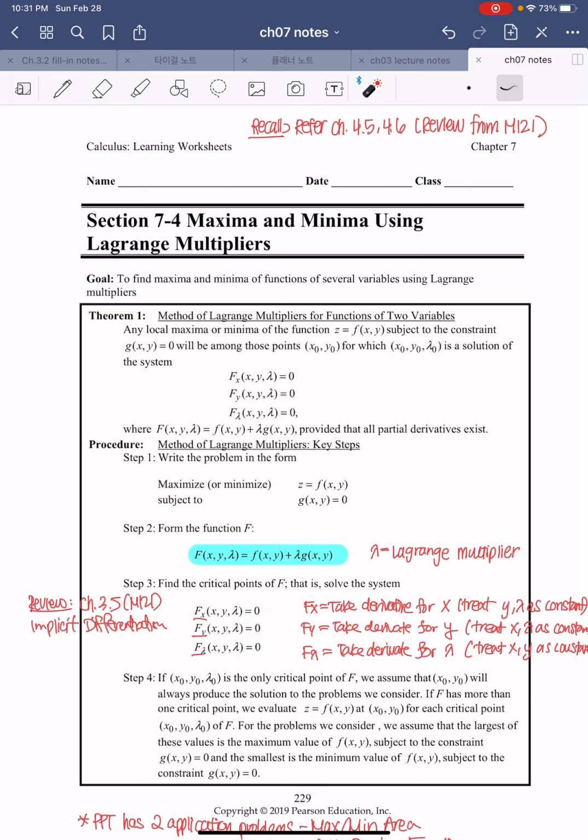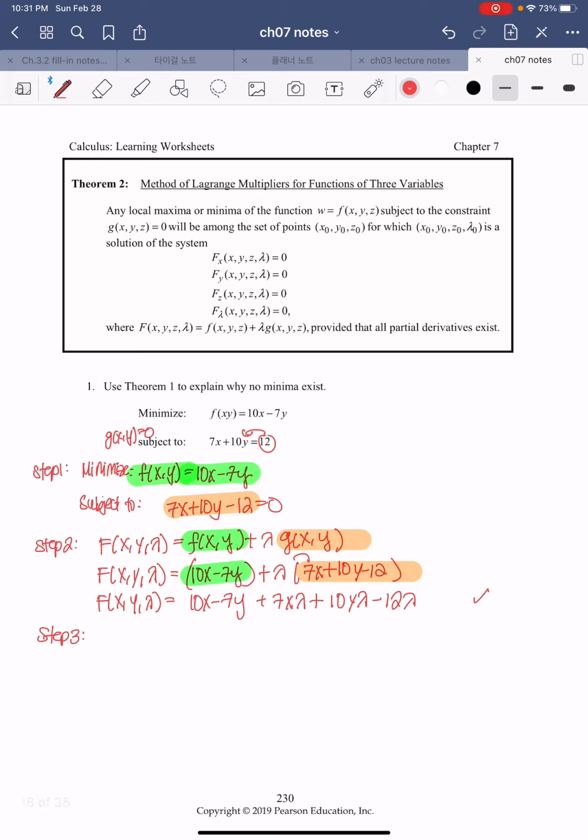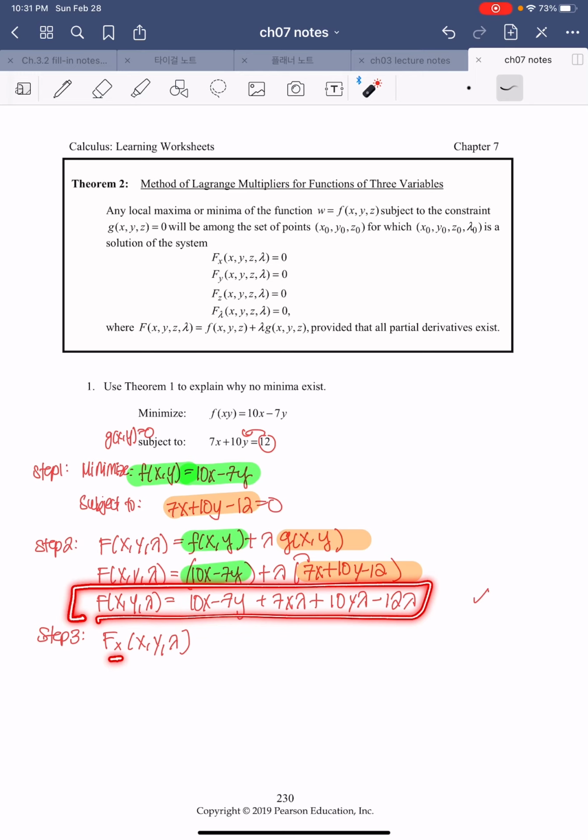Let's recall, when I say f subscript x, I'm only going to look at the x terms and treat all the y and lambda as constants. So if I'm looking at the partial derivative with respect to x, anything that is not x, I'm treating as a constant.